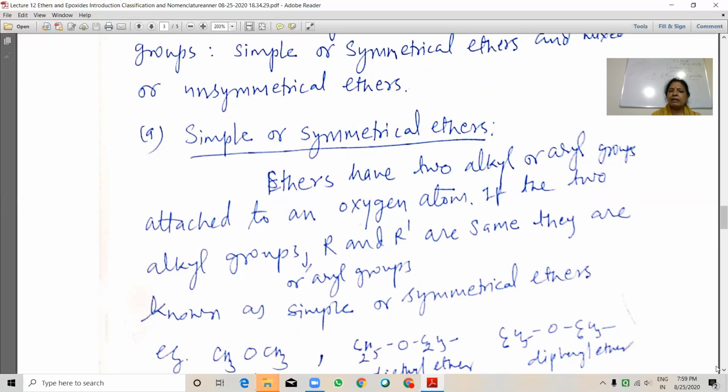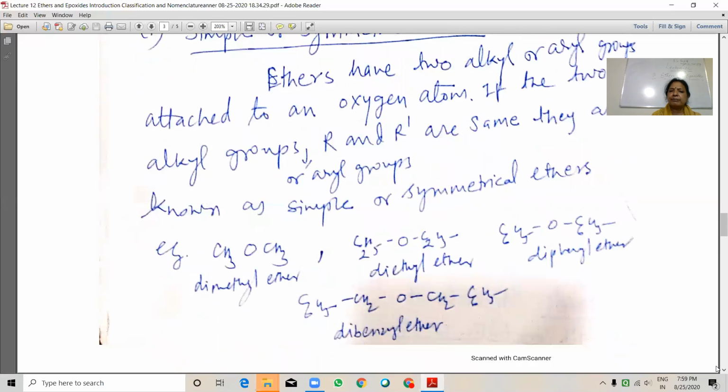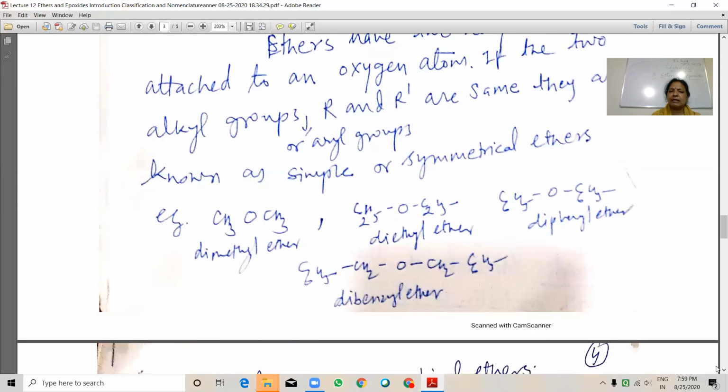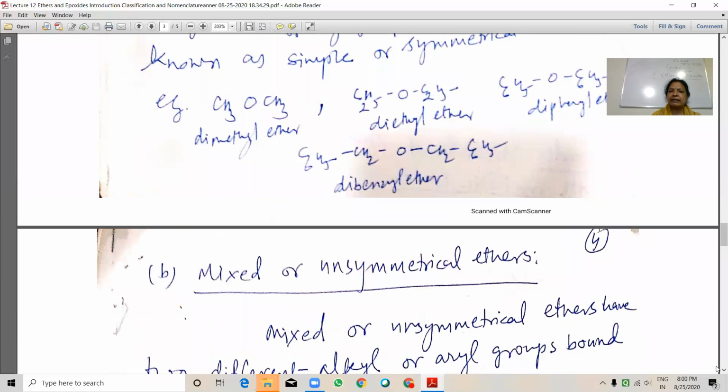If the two alkyl or aryl groups R and R are the same, they are known as simple or symmetrical ethers. For example, see here, both methyl groups are attached to oxygen. So it is dimethyl ether, diethyl ether, diphenyl ether, dibenzyl ether, like that.